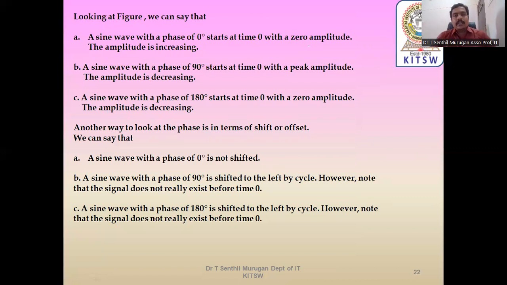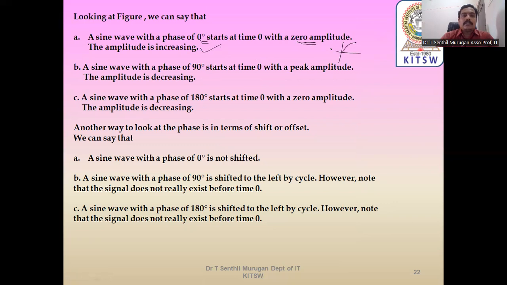We have already seen this diagram. It shows zero amplitude and then 90 degrees with peak amplitude. For the sine wave with phase zero, the wave starts at zero amplitude at time zero, and it will be increasing.